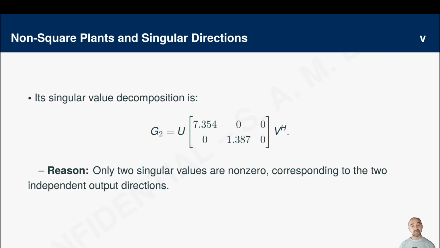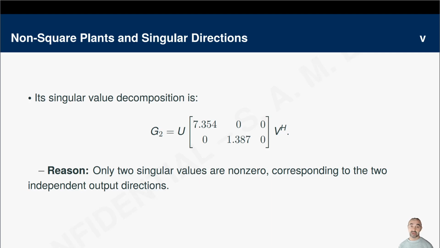So once we had the VH, so we have rotated input, then we had the sigma, which describes how much we need to amplify or attenuate the result of rotation after we rotated the input directions.